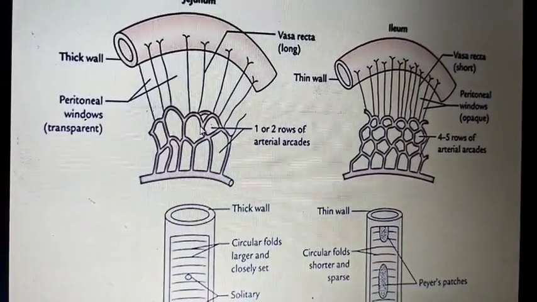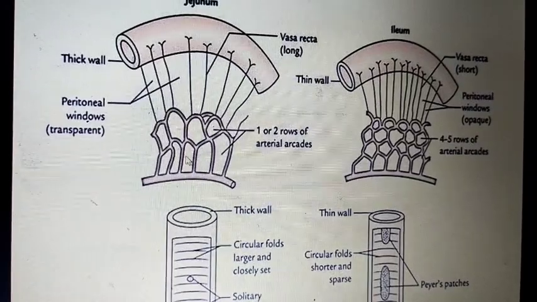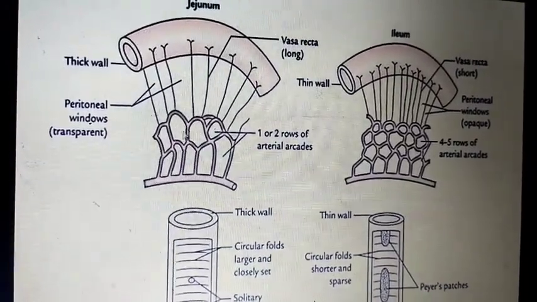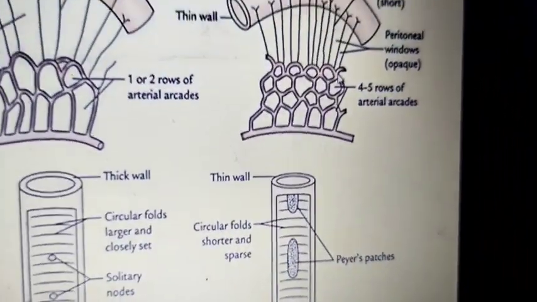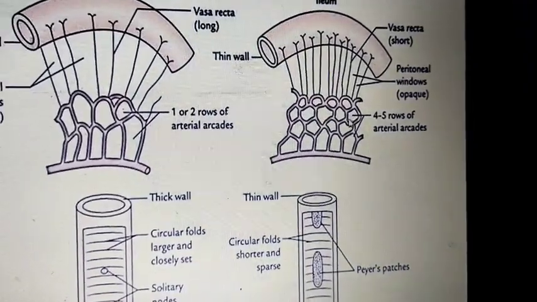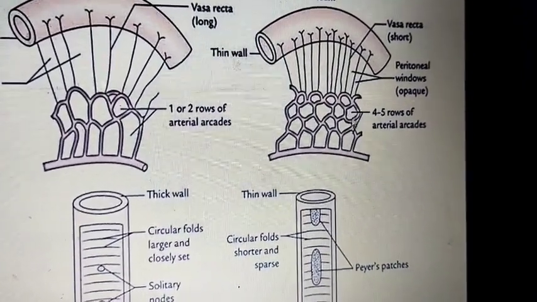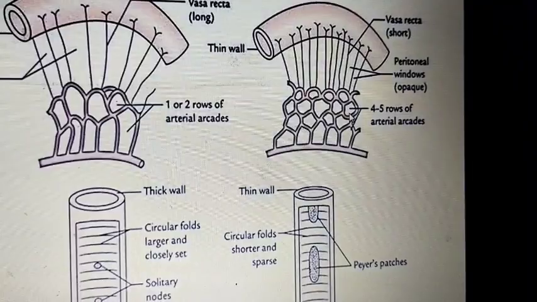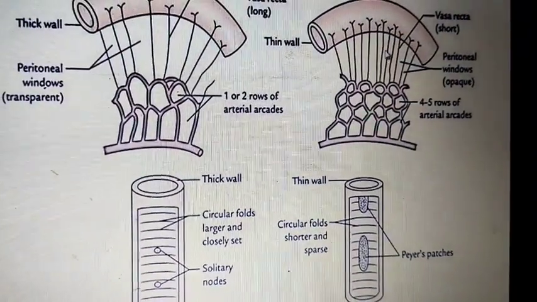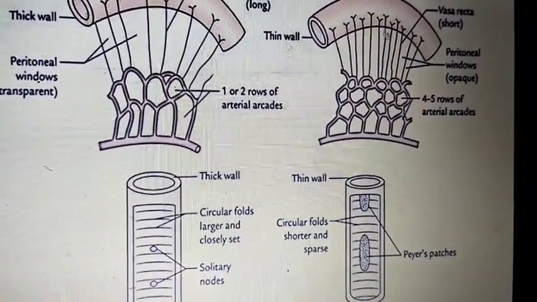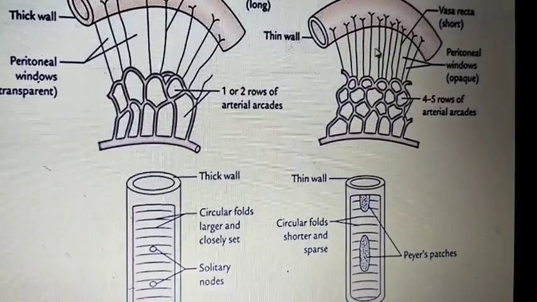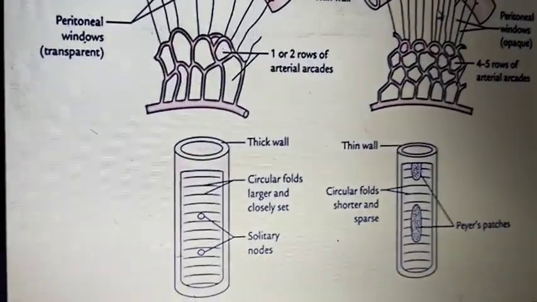They are very few in number but bigger in size in the jejunum. In the ileum, the arcades are smaller in size but more in number. Here the vasa recta are shorter than in the jejunum.